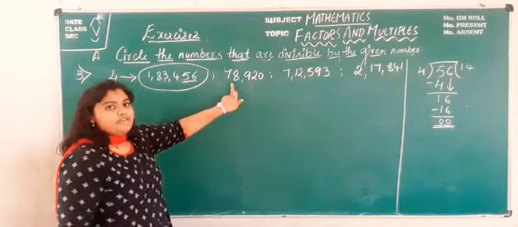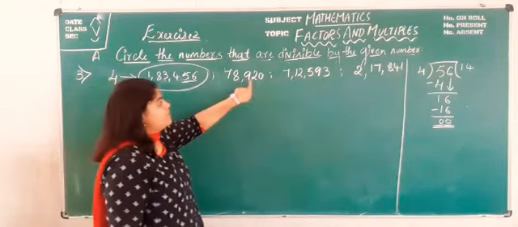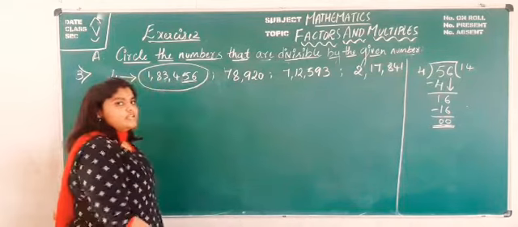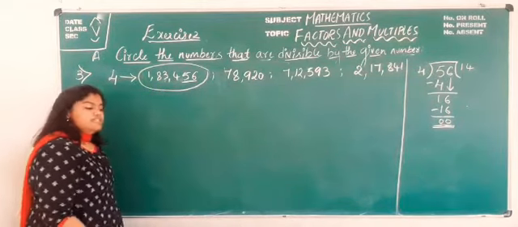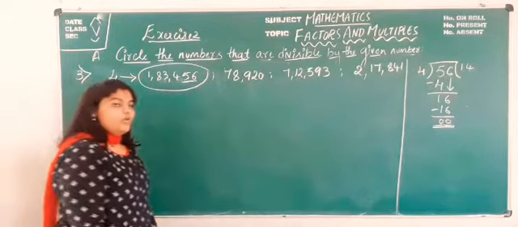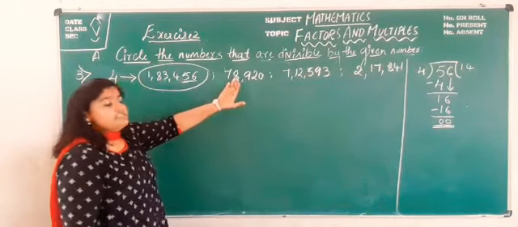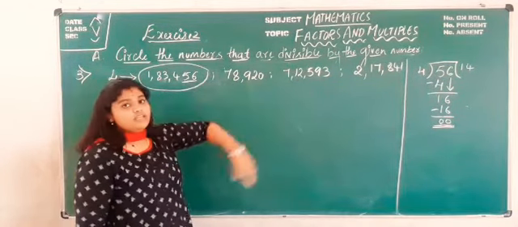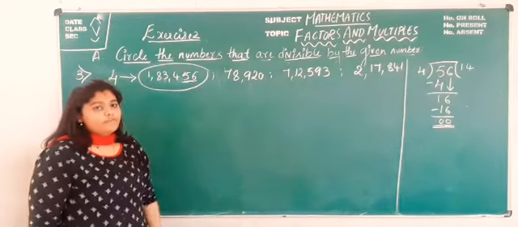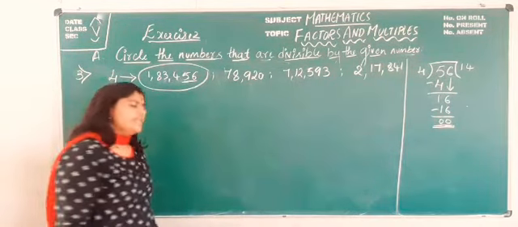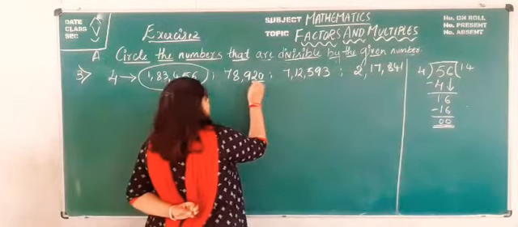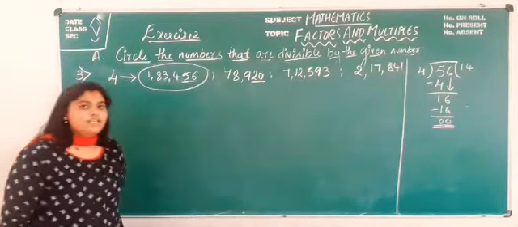Next, we have 78,920. Now we have to check whether 78,920 is divisible by 4 or not. So what should we do? We should see the last two digits in the given number.